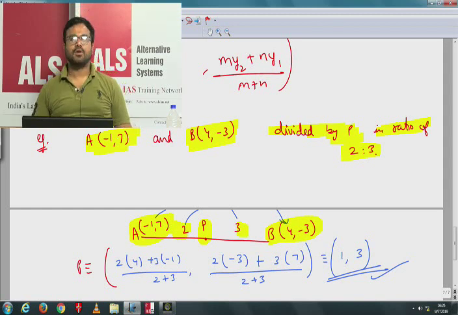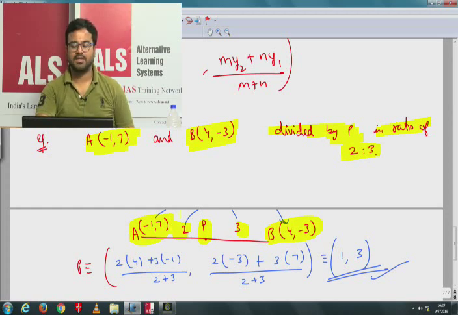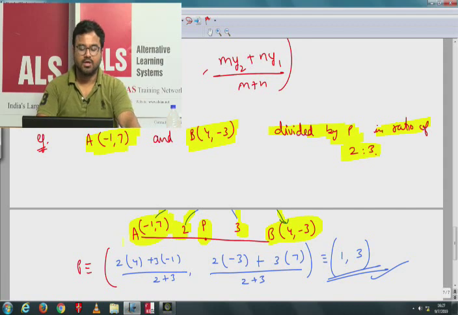To get the coordinates of point P using the section formula, just multiply the left ratio with the right side x value and the right ratio with the left side x value. So 2 multiplied by 4 plus 3 multiplied by minus 1 upon m plus n, the sum of the ratio, which is 2 plus 3.